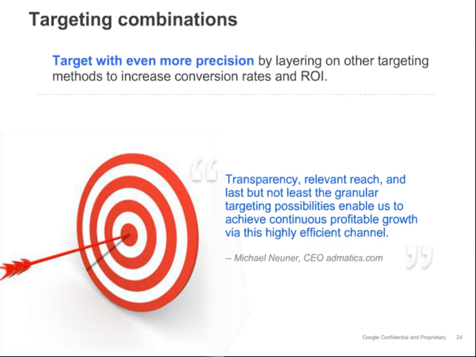But if you look at the quote on that slide: transparency, relevant reach, and last but not least, the granular targeting possibilities enable us to achieve continuous profitable growth. So granular targeting possibilities mean that advertisers can now reach audiences in a much more specific manner. There's no spray and pray whatsoever.